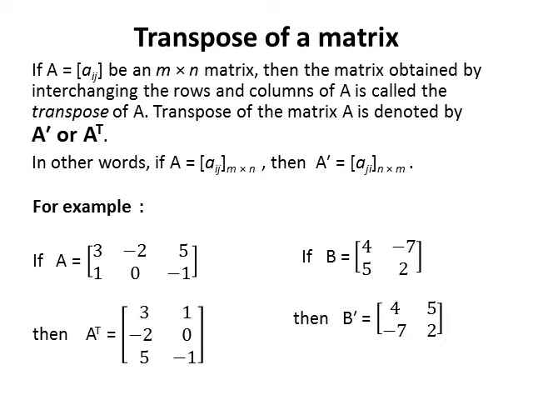Take one more example. Here B is a square matrix of order 2. Then order of transpose of matrix B is also 2 by 2, but position of elements is changed when we interchange its rows and columns.